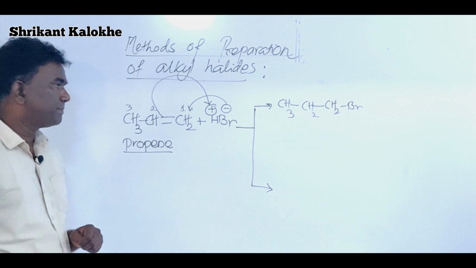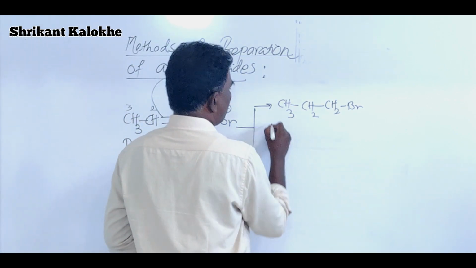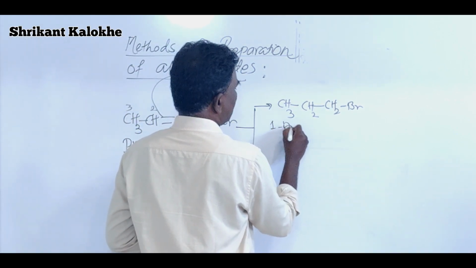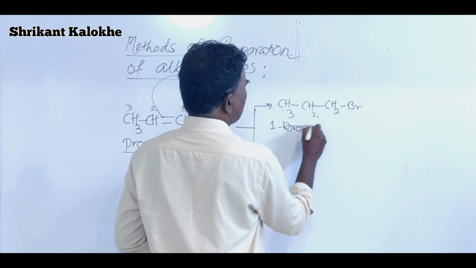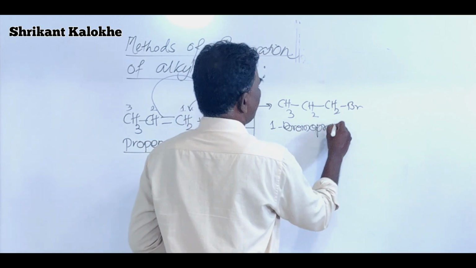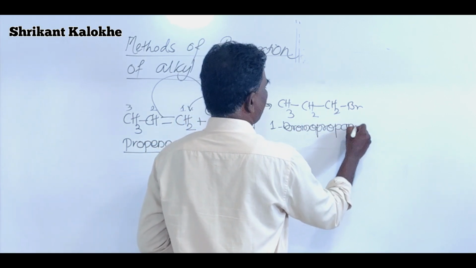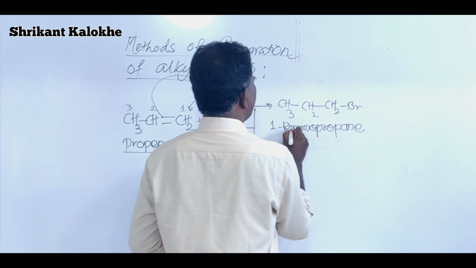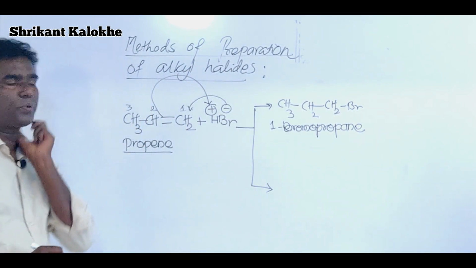So the first expected product is 1-bromopropane. What is first product? 1-bromopropane.